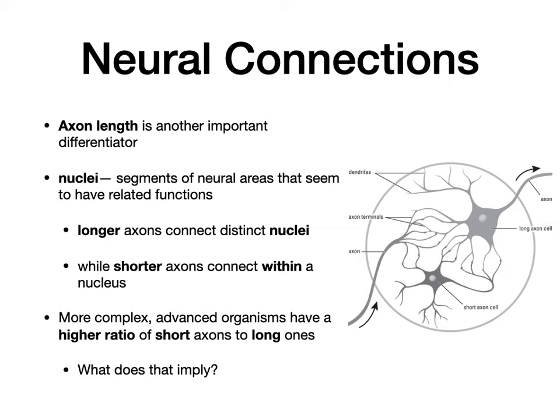Those are the long axons that are going to connect different areas. But you see that this cell in here has a very short axon designed only to talk to something nearby. So the short axon cell at the bottom, within the circle, is what we would think of as a nucleus. And it's not just 2 neurons, it's boatloads of neurons. But there's a lot of neurons with short axons that are meant only to talk to things nearby.